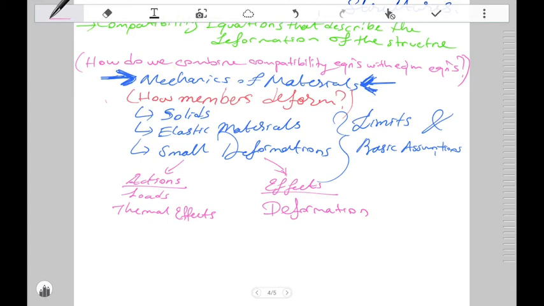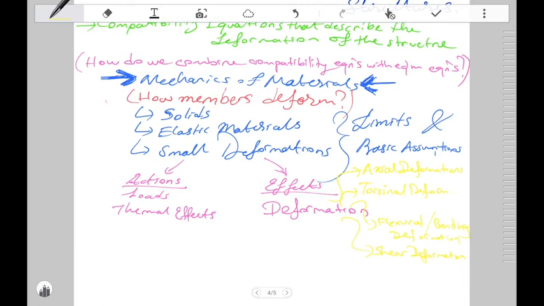That's the approach. You load a structure, you get a response. The response is the deformation, something that we can measure, we can visually see. But the deformation is really very complicated for us again. So we simplify it. We classify the deformation in 4 sections.